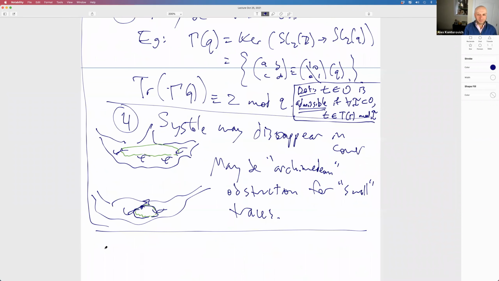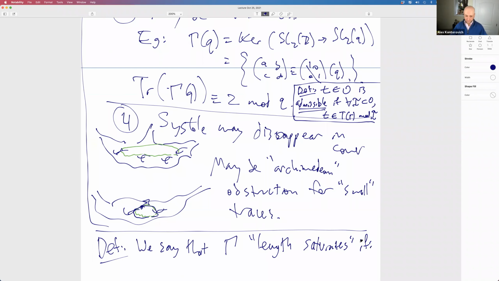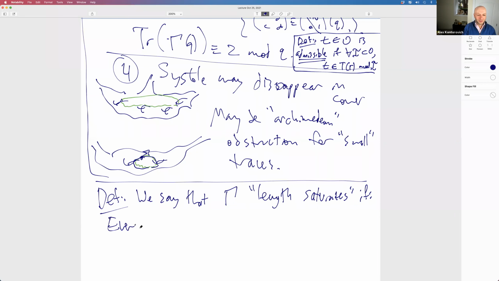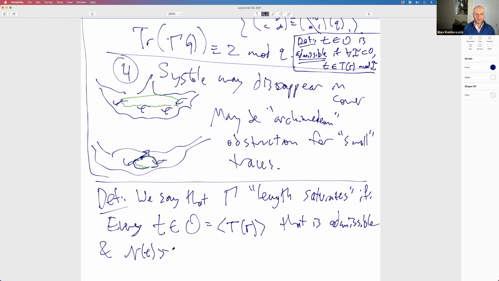Okay, so let me make a definition. We say that gamma length saturates if every element T of the ring generated by the traces of gamma that is admissible, again meaning passing all these local obstructions, and sufficiently large in norm, is globally represented. That gets away from the fact that you don't know where the length spectrum might begin.